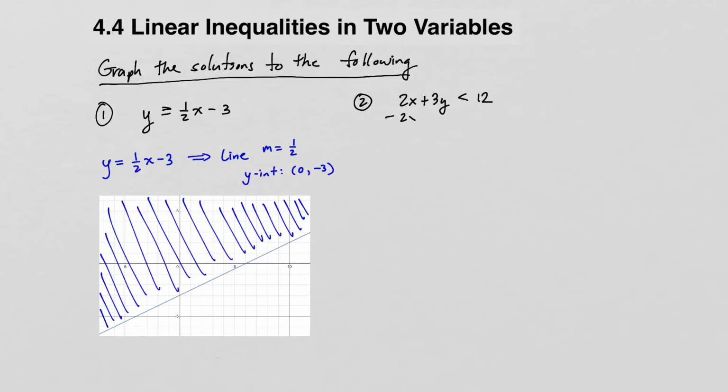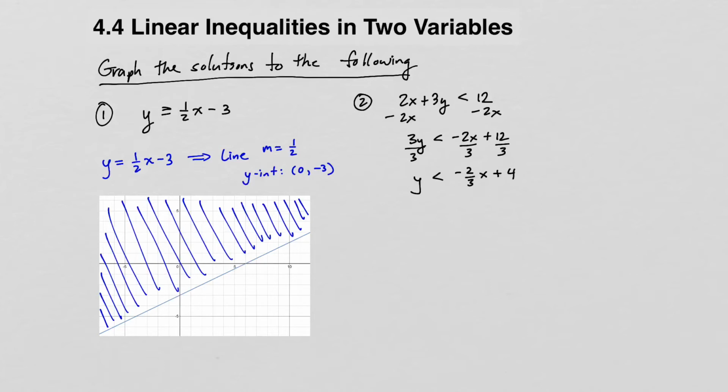So I subtract 2x from both sides, and this will give us 3y is less than 12 minus 2x, which is the same as -2x plus 12. And then I can divide both sides by 3. And when we do that, we get y is less than -2/3 times x plus 4.